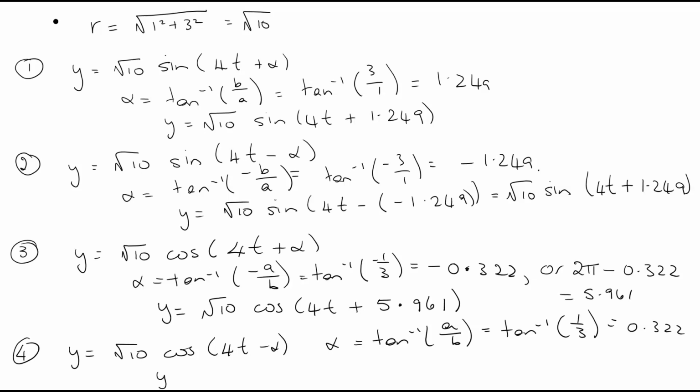And if we put it all together, that would be cos 4t minus 0.322.